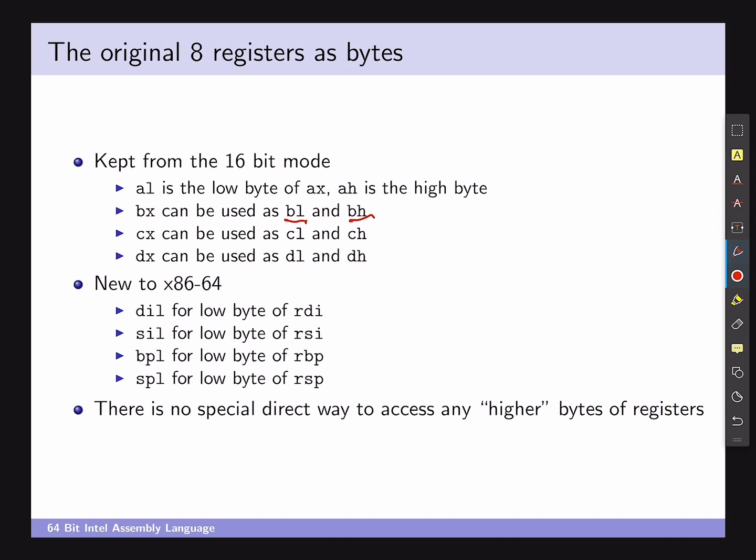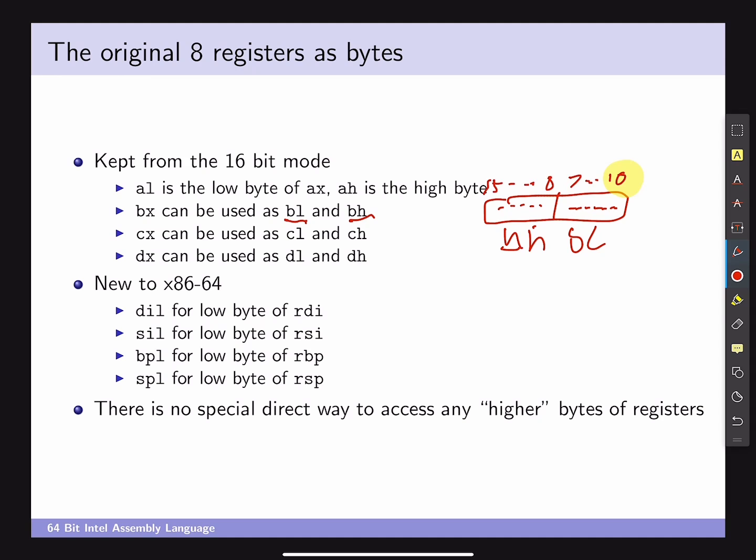So in essence, we have BX sitting like this, and this will be BL, and this will be BH, where this is the lower order bits over here, and this is the higher order bits over here. So you can think of it as being 0, 1, all the way to 7, and then 8, all the way to 15 over here, and this will be encapsulated by BH.